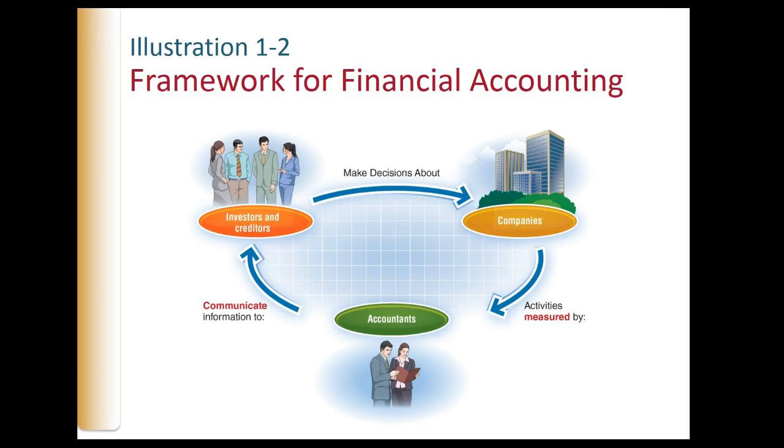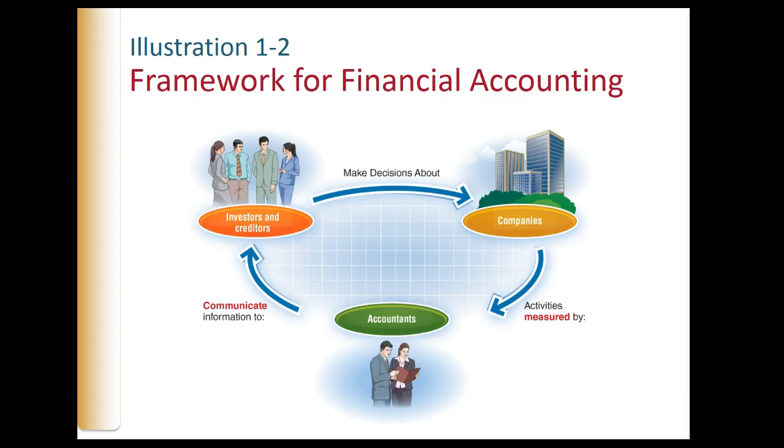So with financial accounting, we have investors and creditors. These individuals come from various sources and make decisions about various entities: companies, nonprofits, governments. These entities have to measure activities, and the accountants help define those measurements.